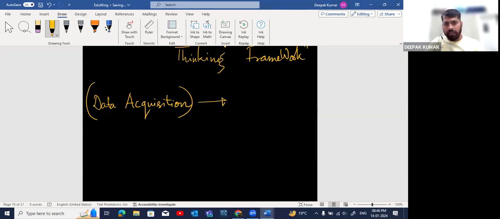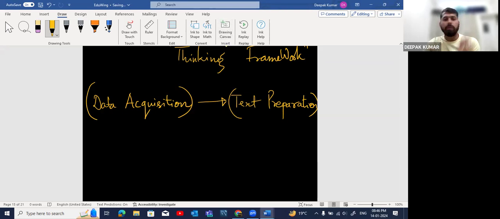Then after the data acquisition, we go for preparing text out of the data. So we call it text preparation. We receive the data, which could be numeric, alphanumeric, text plus videos plus images plus unstructured data plus discrete, continuous, sequential data, out of which text preparation has to happen.